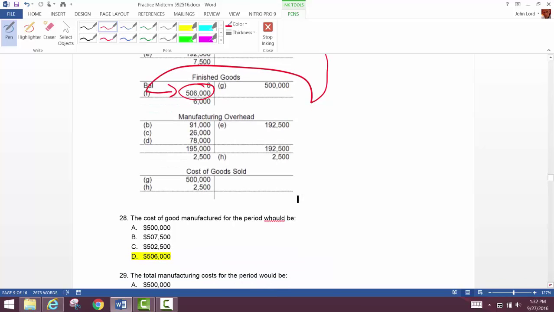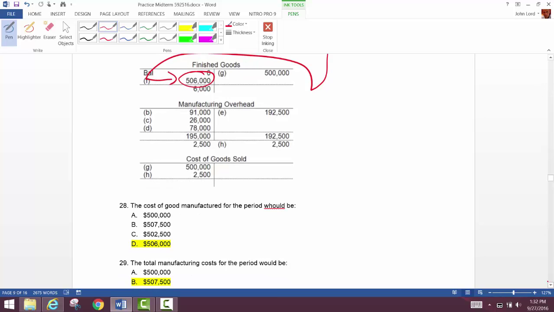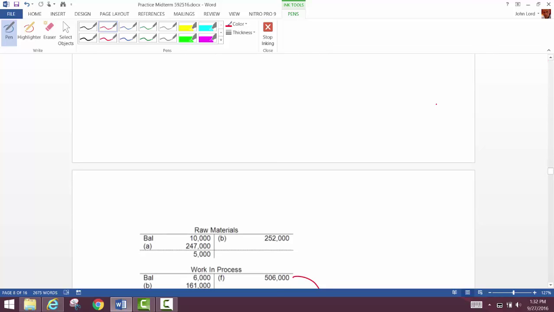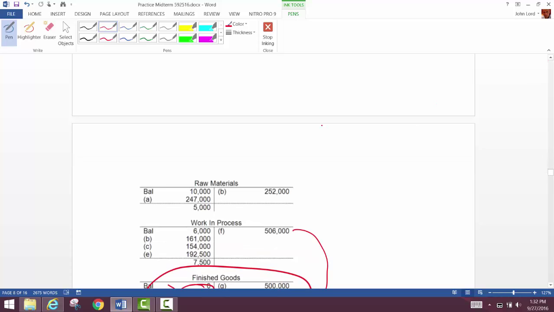All right, so we're going to see what else they ask us. The total manufacturing cost, or what? How do I find that? Well, those should be amounts that got added to work in process for the period, shouldn't it? Direct materials, direct labor, and manufacturing overhead. So I should pick up the 161, which I guess is either my direct materials or direct labor.